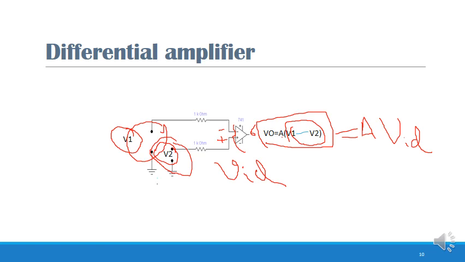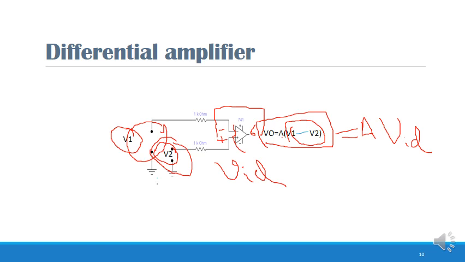Let us revise once again the differential amplifier. It is an open loop differential amplifier. The figure shows the circuit for the open loop differential amplifier. Why is it open loop? Because there is no connection from output to the input circuit. So that is why it is called an open loop operational amplifier.